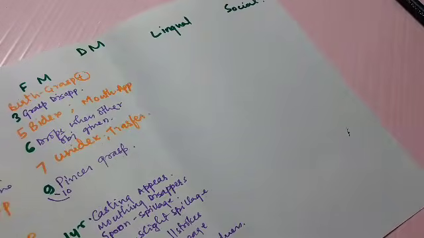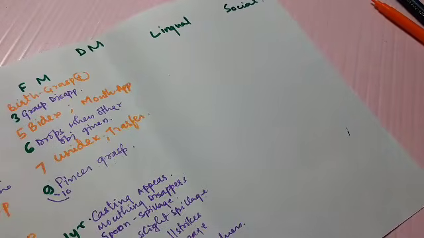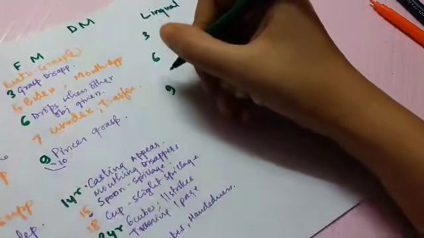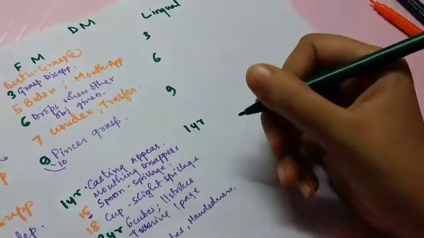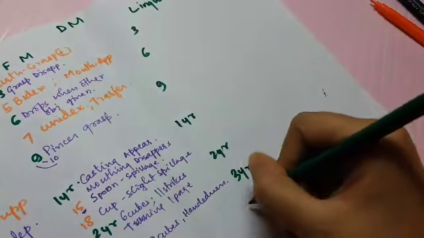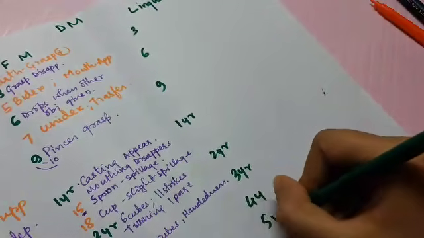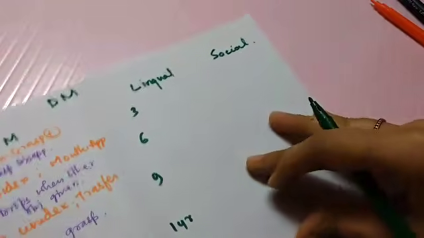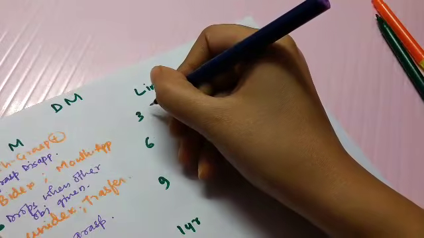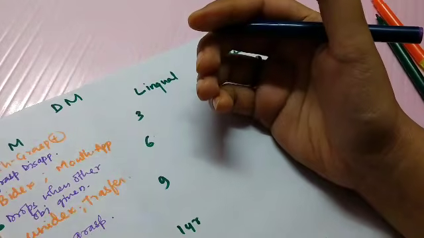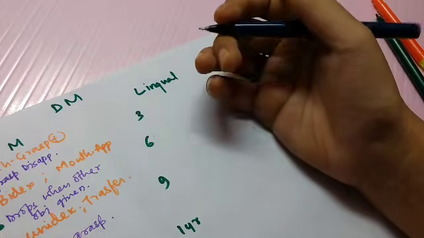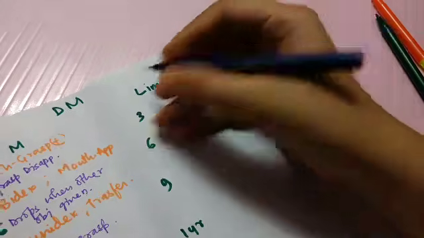The lingual milestones again do the same thing: 3, 6, 9 and 1 year, and then 2 years and 3 years, 4 years and 5 years. So with 3 we start; imagine a 3-month-old child. It will hardly say anything except some cooing sound.